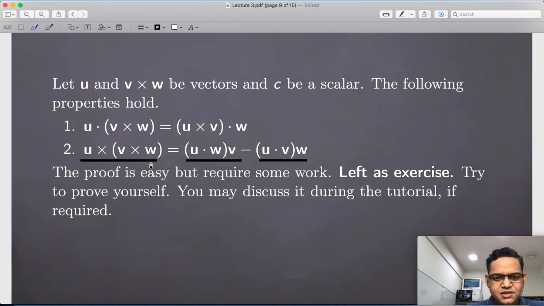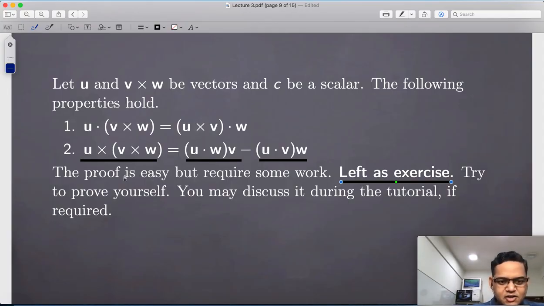Unless you start writing yourself, there is no way that we can learn things properly. So this is left as an exercise, and if some of you don't get it, please discuss it in the tutorial. I will also have this as a problem in the tutorial. But this is just writing it down, that's all.